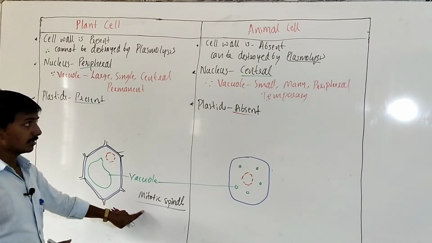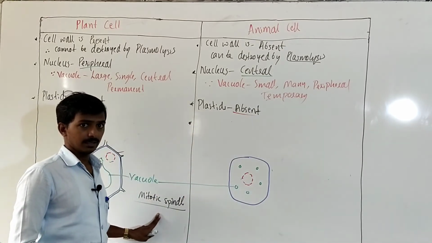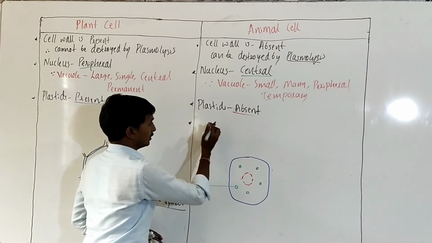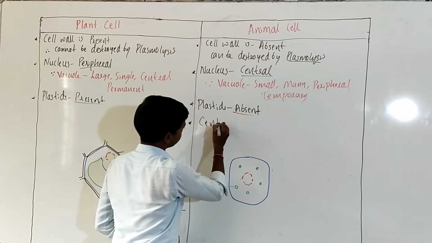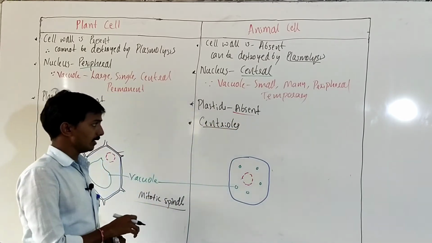In animal cells, the mitotic spindle is formed by one of the cell organelles called centrioles.